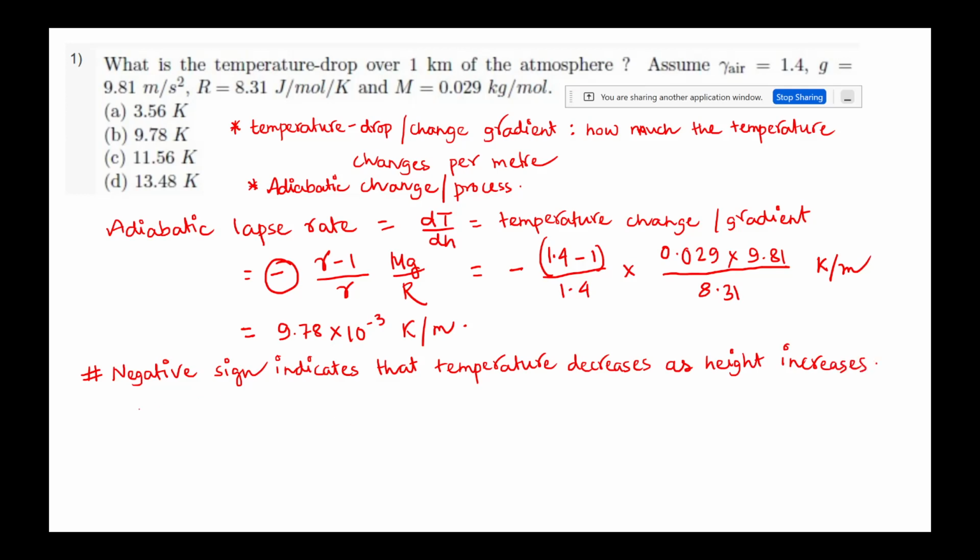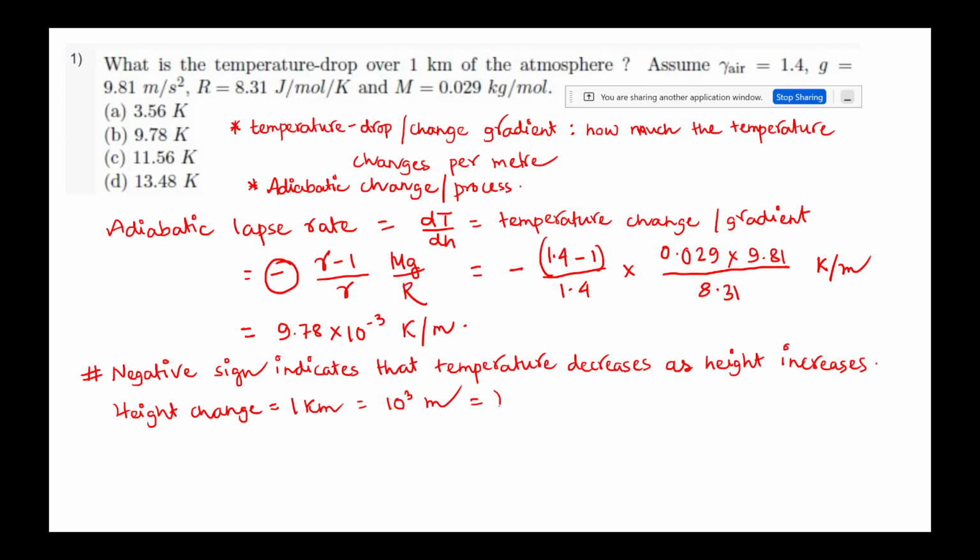Now, what is the height change? 1 kilometer, which is 10 to the power 3 meter.